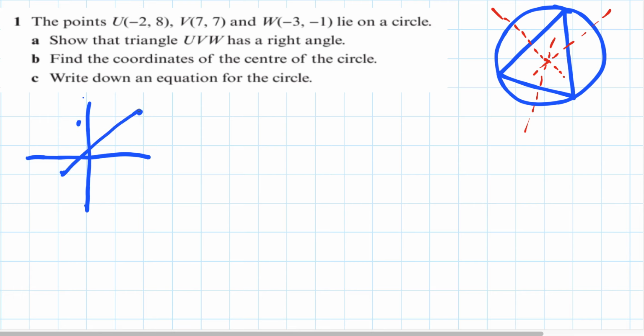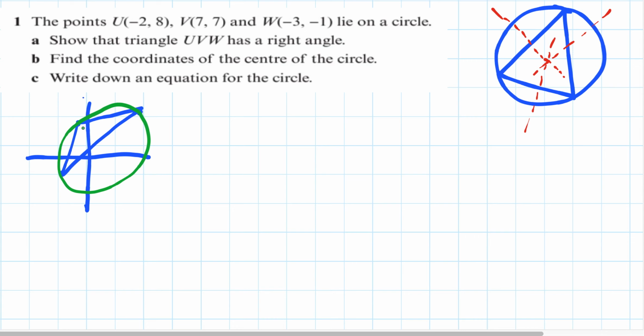So if that's my triangle, we'll draw a circle. We'll draw the circle in green, like this. For example.